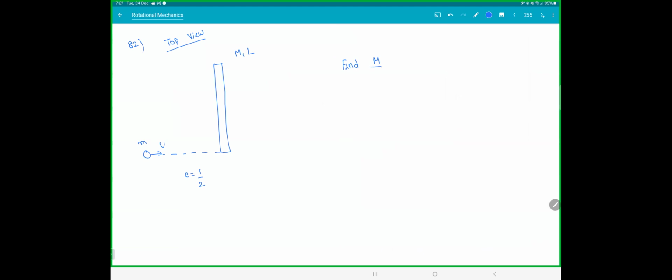So then find the ratio of M by small m. The ball stops after the collision. Similar, just something a little more different information.